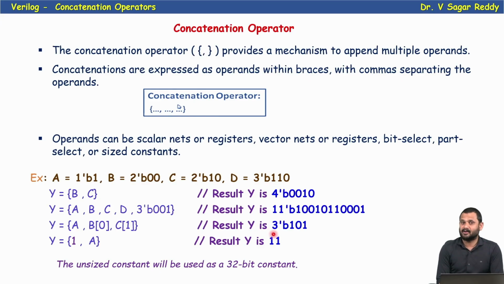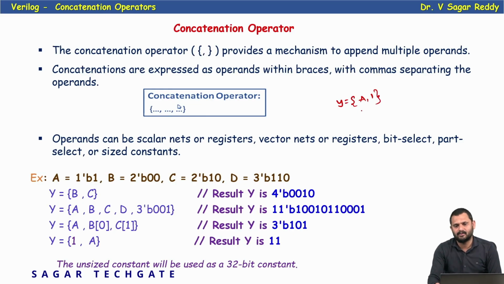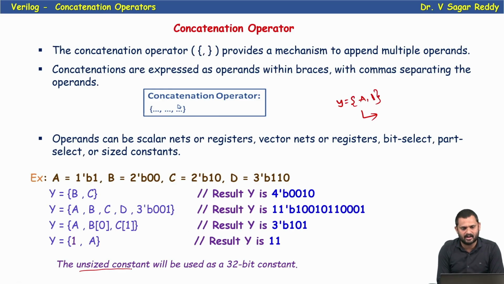For example, if I write y is equal to {a, 1}, what is the output? Now tell me, what is the y value for this? It is a 1. In case of 1, how do we represent this unsized constant? It will be used as a 32-bit constant.